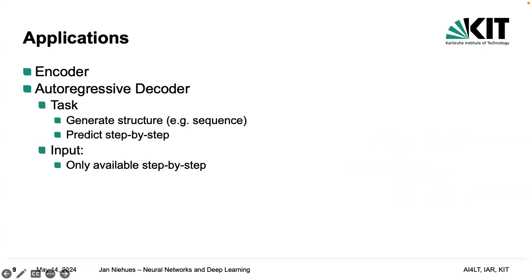The second type of model where these are often used is what is referred to as an autoregressive decoder. And here the task is not to encode information, but to generate a new structure, in this case typically a sequence, so that we're generating a sentence or an audio sample or some other type of sequence.